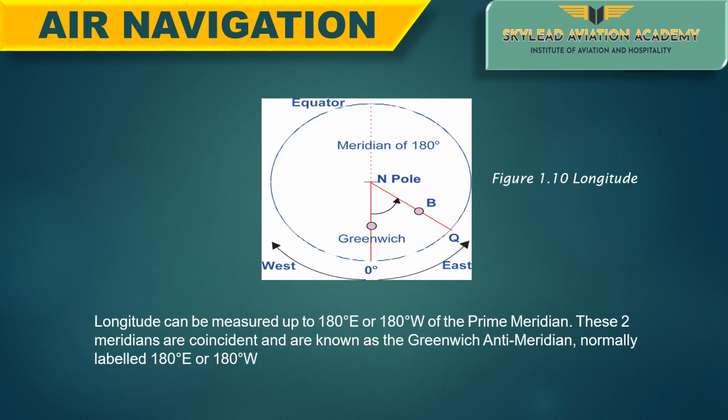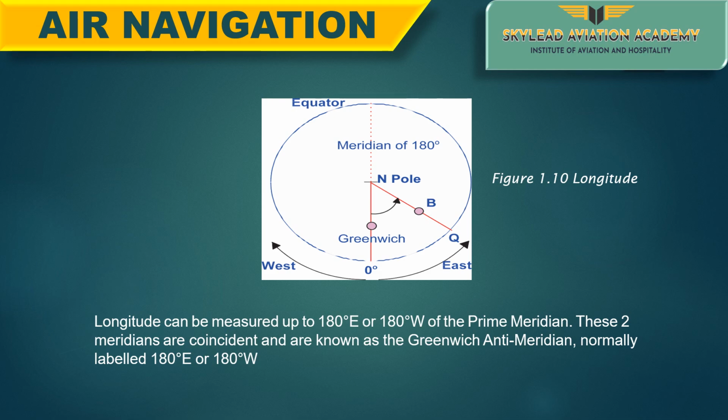So guys, we'll see what figure 1.10 longitude says. Imagine you are looking down on the North Pole from a point out in space. The meridian of point B crosses the equator at point Q. So you can see point Q and point B in the figure.